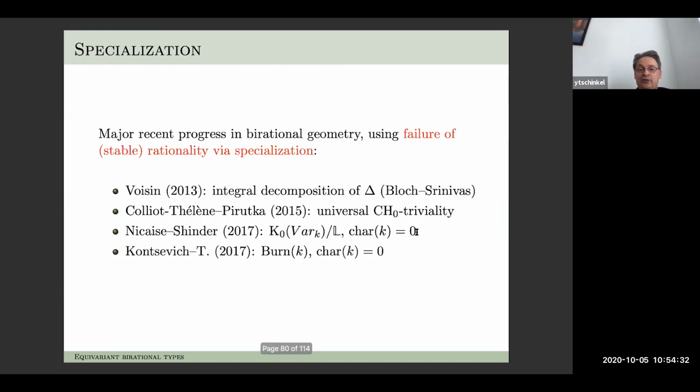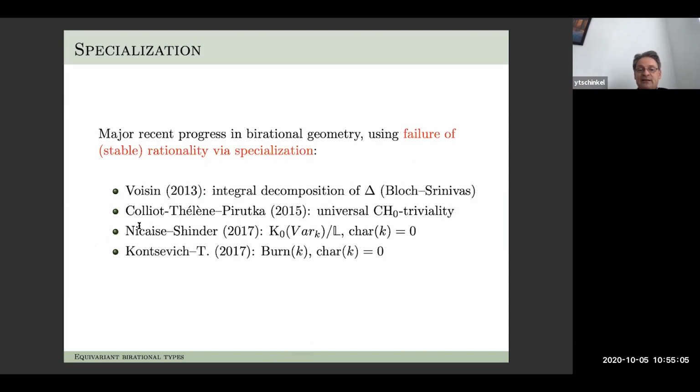So how does this fit in? There has been tremendous progress in the study of rationality, ushered in by the pioneering work of Voisin, integral decomposition of the diagonal based on Bloch-Srinivas. And then further developed by Colliot-Thélène and Pirutka, where universal CH0 triviality was a condition that was first introduced and studied under specializations.